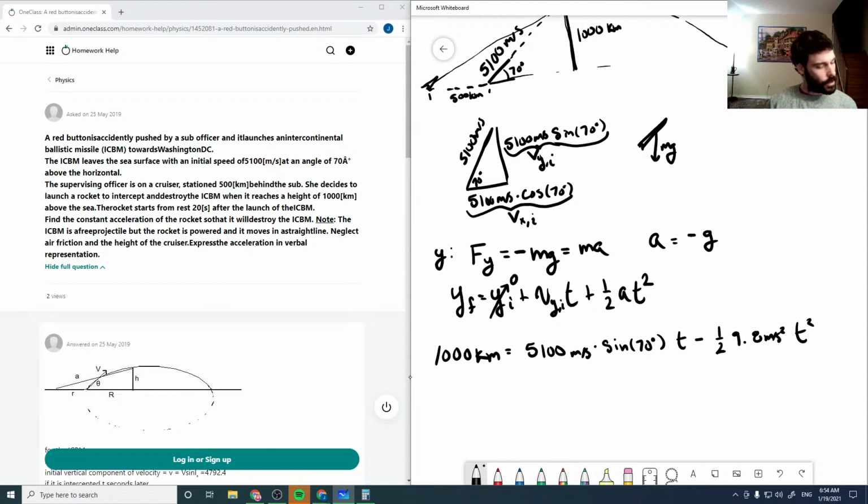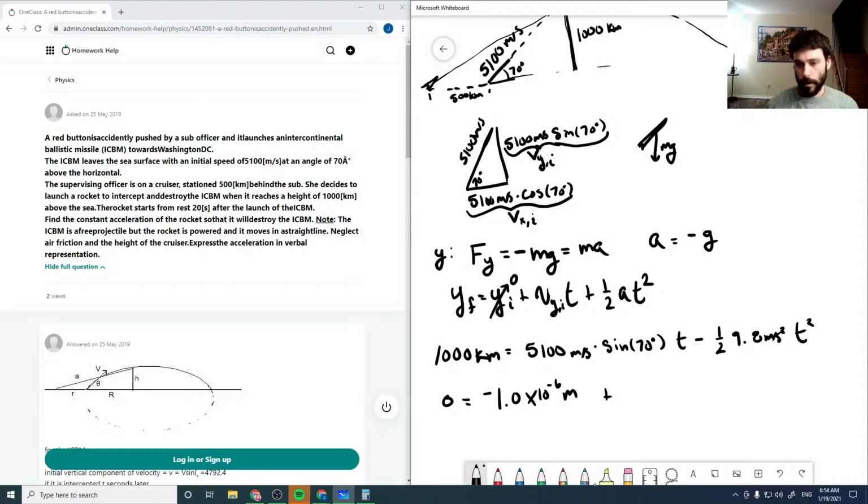Or I can rearrange this into 0 equals minus 1,000 kilometers. Actually, I might as well put this all into meters. So minus 1.0 times 10 to the 6 meters.